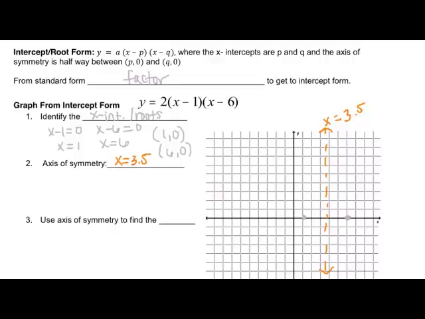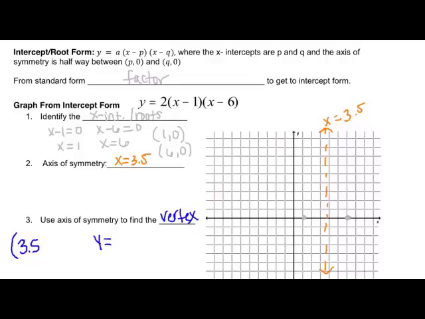And the last step we need to find is our vertex. So we're going to use the axis of symmetry to find the vertex. Now in order to do that, remember our x coordinate is also the axis of symmetry. So we know that our x coordinate for our vertex is 3.5. Just like we did in the previous forms, we can plug that into our equation to get our y coordinate.